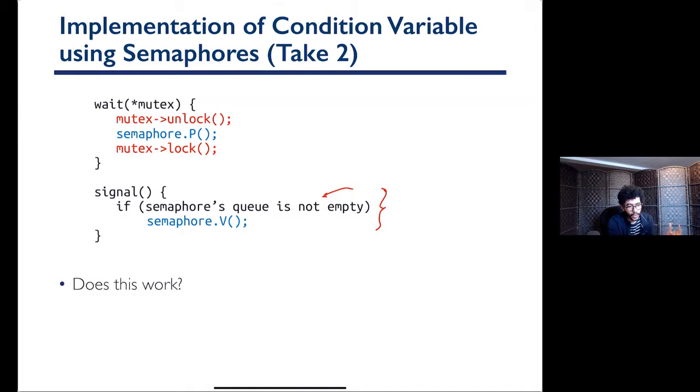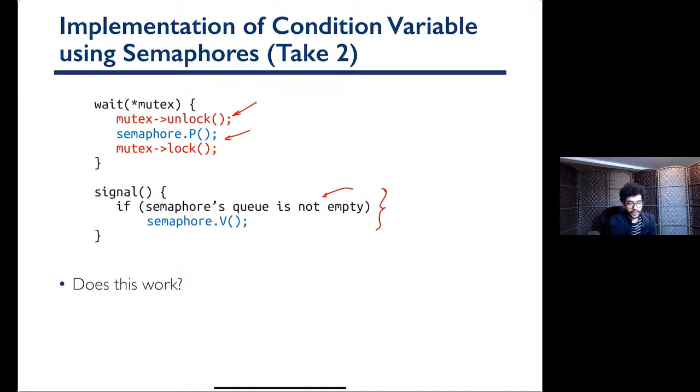Now, the other problem with this, which was a problem with the first take as well, is with the wait function. What is happening here is that this wait function is not atomic, meaning that it's not going to atomically unlock the mutex and then put itself to sleep, because there are two operations happening. One is the mutex being unlocked, and then P is going to be called.